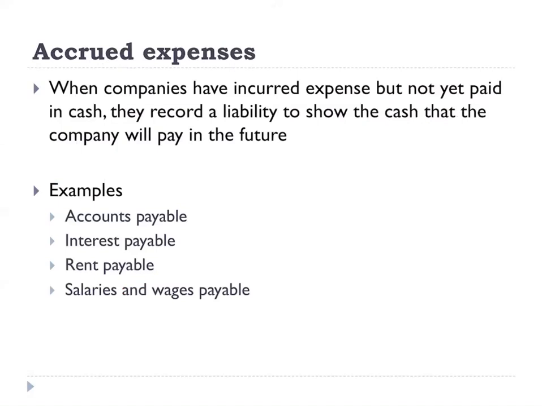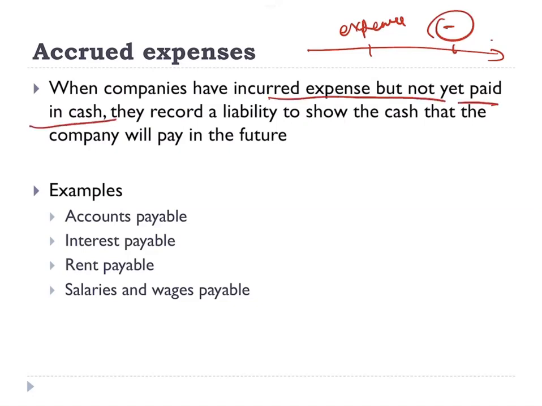And then the last kind of adjusting entry is called accrued expense. So this is basically expense happening before cash is paid. When a company has incurred expense but not yet paid in cash, in this situation, they're going to record a liability to show the cash the firm is going to pay in the future.